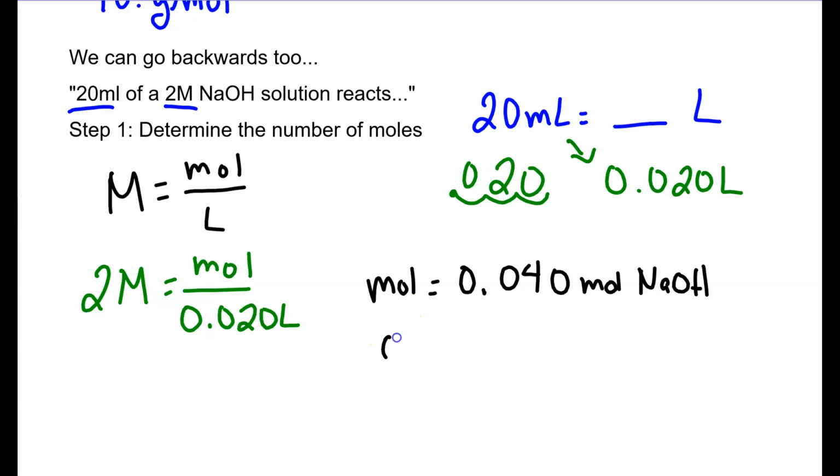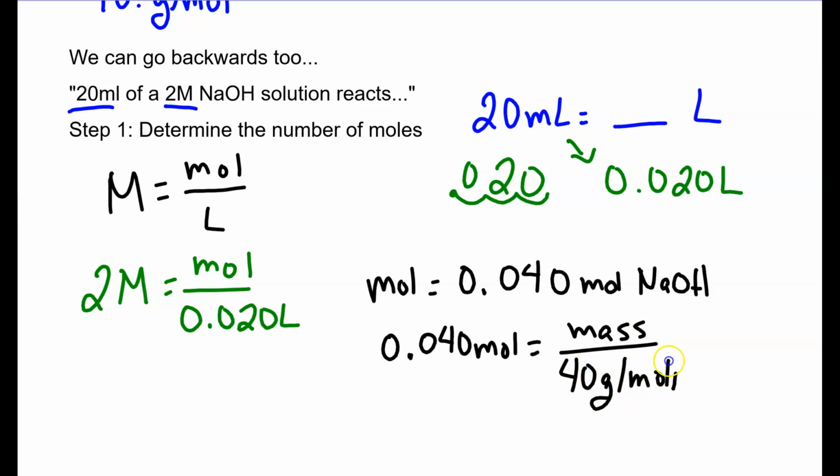So we're going to say 0.040 moles is equal to what the mass would be if I know that there are 40 grams per mole for NaOH. A simple cross multiplication here, and you should see that you get 1.6 grams of NaOH.